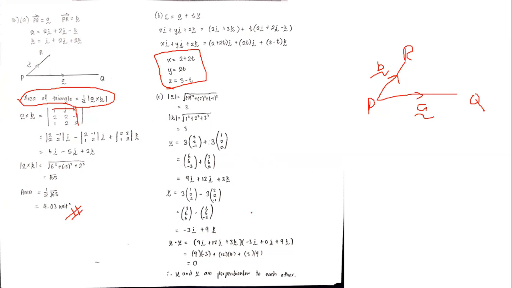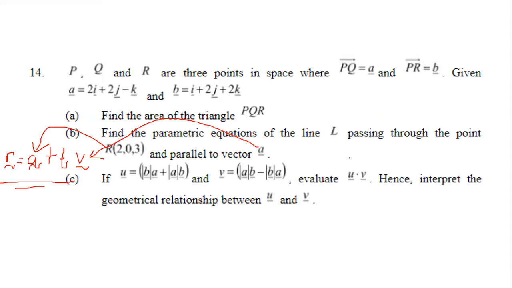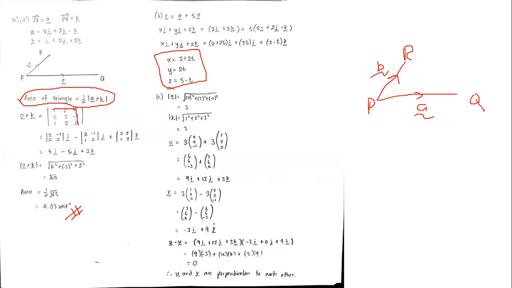Okay, so the question asks about the dot product, which means a scalar, so we use this form to solve it. 9 times negative 3, plus 12 times 0, plus 3 times 9.